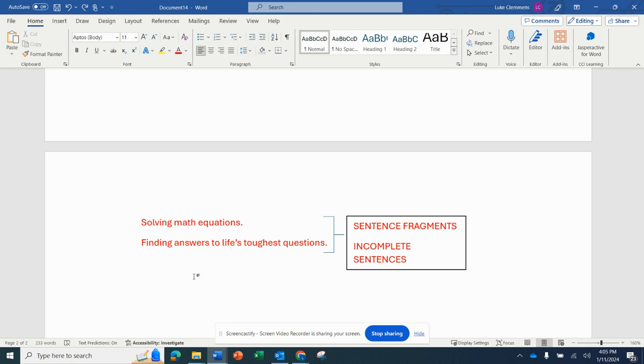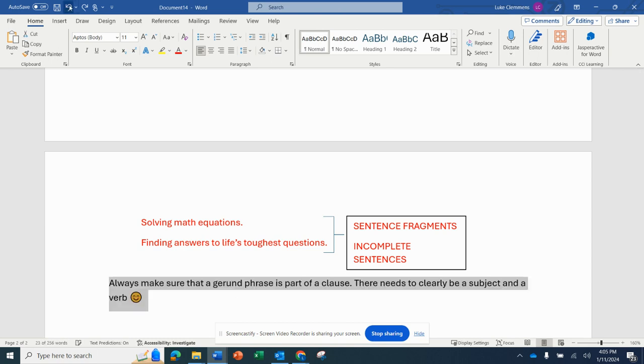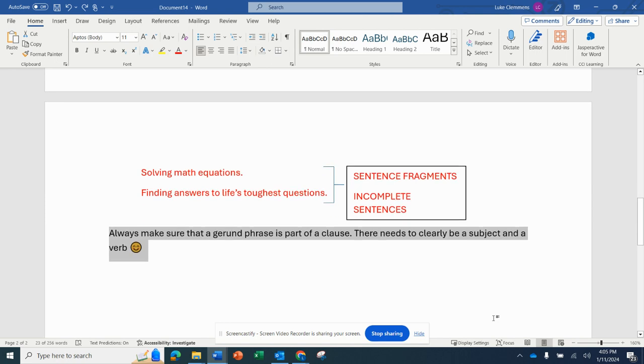A gerund phrase is okay to use, but always make sure that a gerund phrase is part of a clause. There needs to clearly be a subject and a verb. Notice how just by itself, solving math equations, are we talking about it as a subject? A verb? An object? By itself, just solving math equations, period, we can't tell.